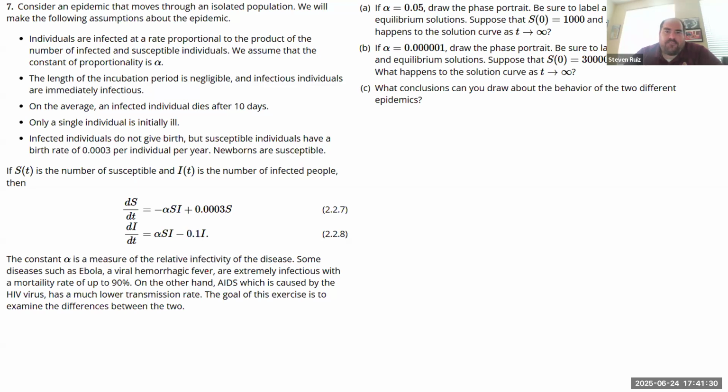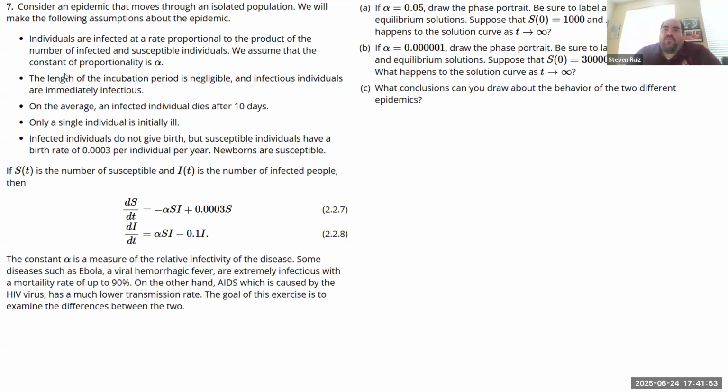Ebola, as far as I understand, still kind of is that way. That's kind of what this is meant to portray. So this model will be a good but rough approximation for both of these, as long as we tweak some of these parameters appropriately.